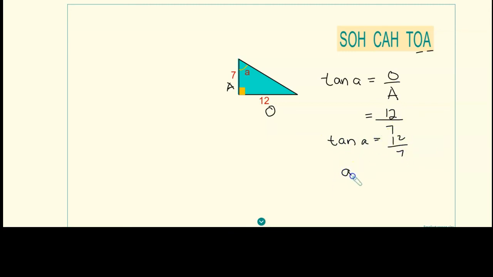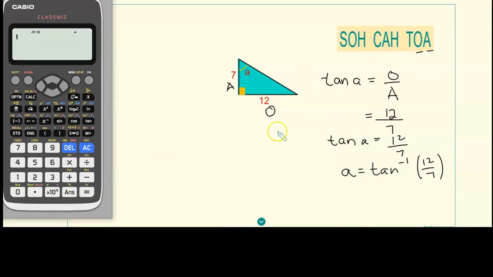But we just want the angle A. So the tan goes to the other side and becomes an inverse of that. So arctangent of 12 over 7. We will need the calculator for this, so let's get the emulator. Now I'm going to press on shift, because arctangent is the yellow bit.